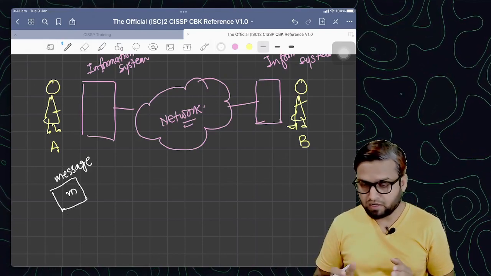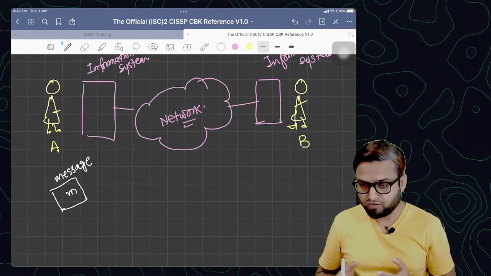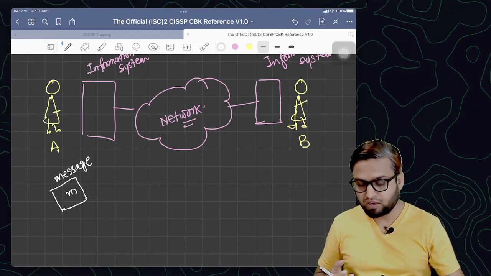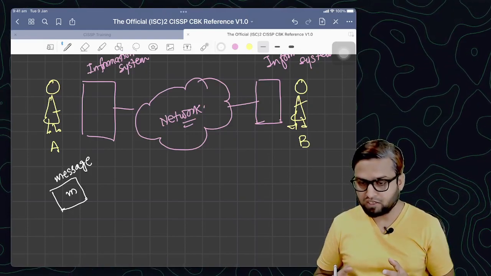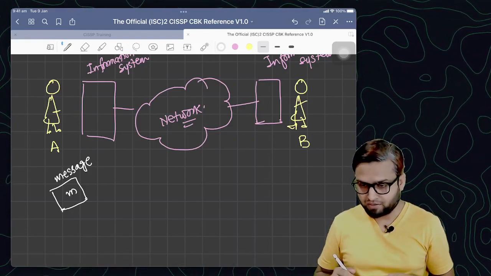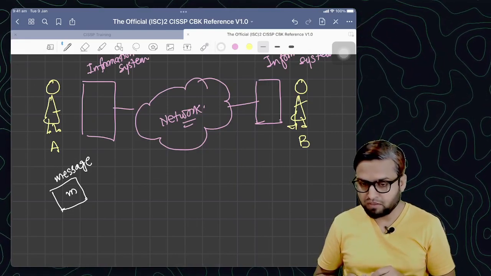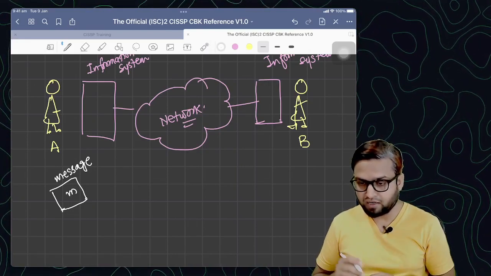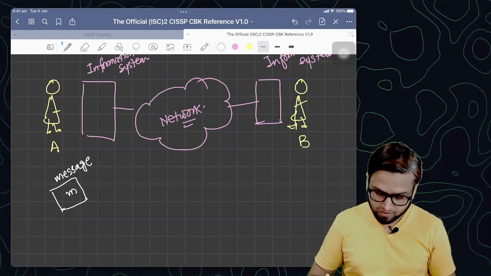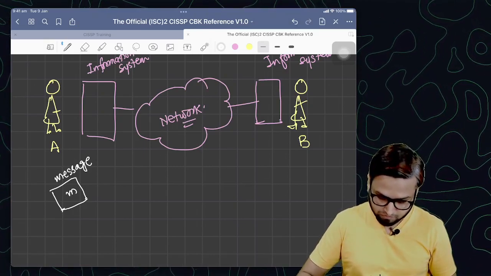There are certain aspects of this message which are governed by the fundamental principles of information security in which it operates, right? So which fundamental principles relate directly to the message?